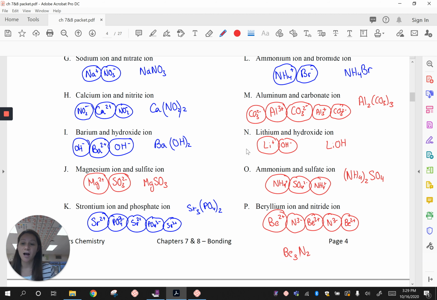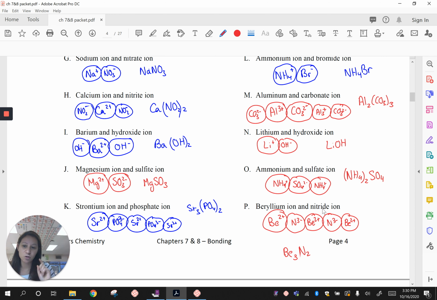If it ends with ide, like nitride, most likely it's going to be a monoatomic ion. It's going to be from the regular periodic table, like nitrogen. So again, if it's ate or ite, it's a polyatomic ion from the back. If it's ide, then it's from the front of the periodic table, it's monoatomic.